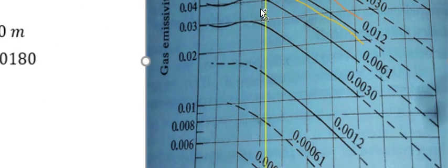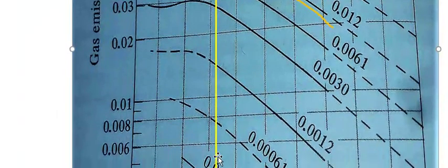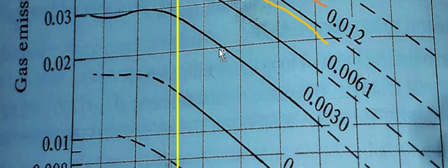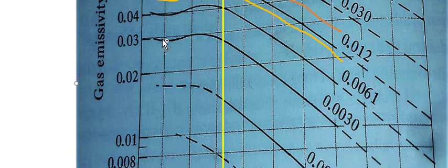And basing on the figure at 1100 Kelvin and 0.00982 atmosphere times meter, it is around here. Therefore, it is assumed to be 0.05 for the absorptivity of the gas.